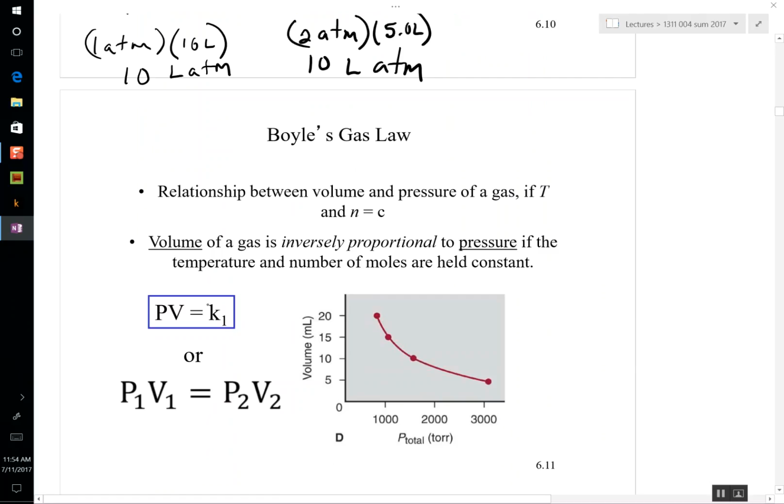So there is his law. Pressure times volume is a constant, or P1 times V1 equals P2 times V2. The volume of a gas is inversely proportional to the pressure if the temperature and number of moles are held constant.